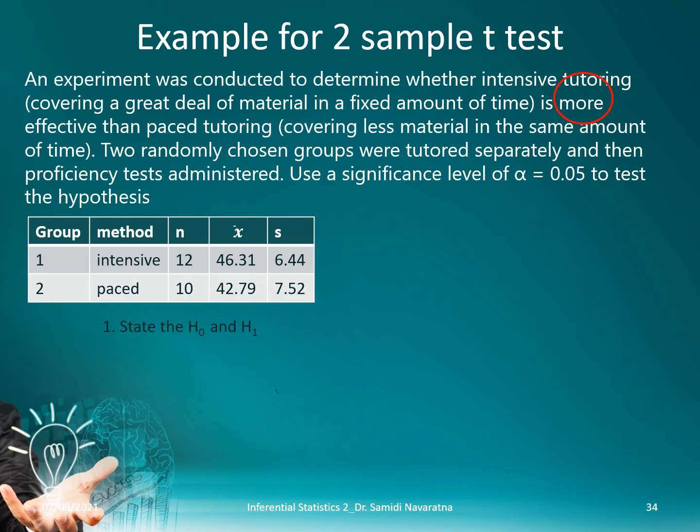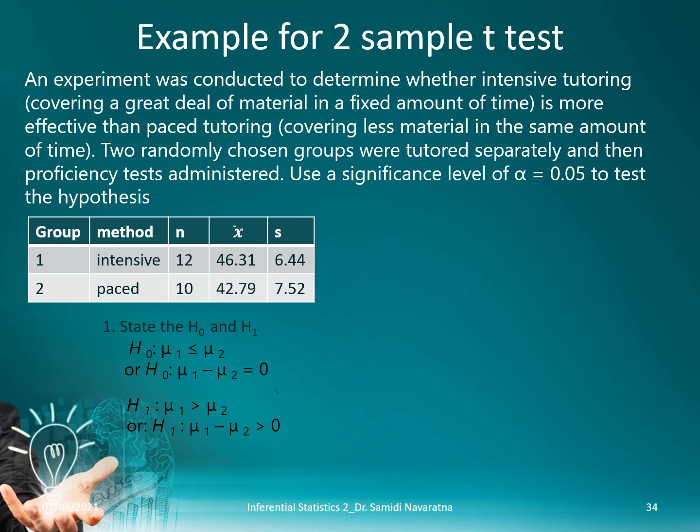So therefore, the null hypothesis would be mu1 less than or equal to mu2, and the alternative hypothesis would be the claim, that is mu1 is more than mu2.